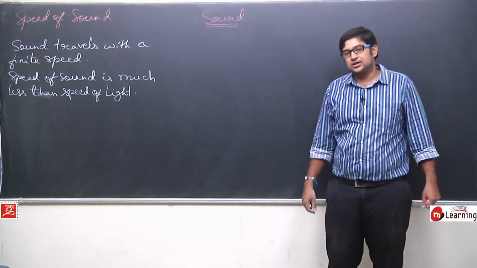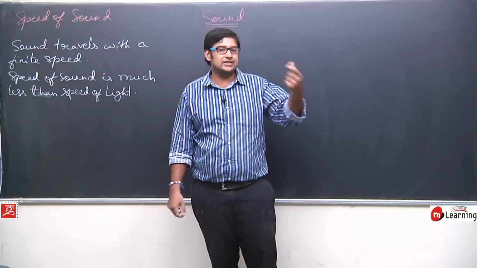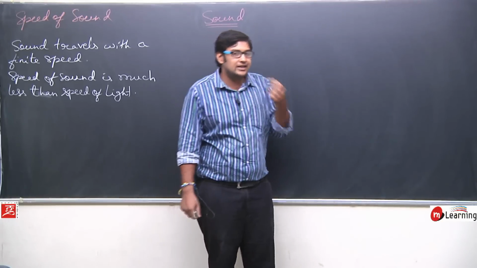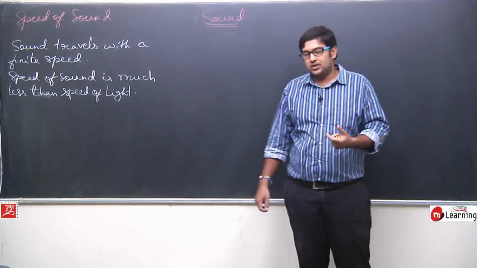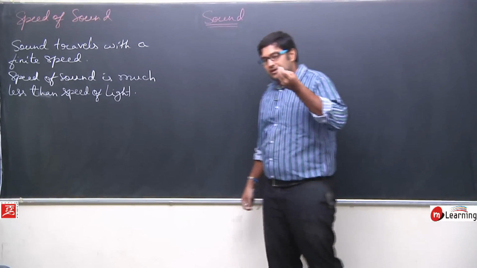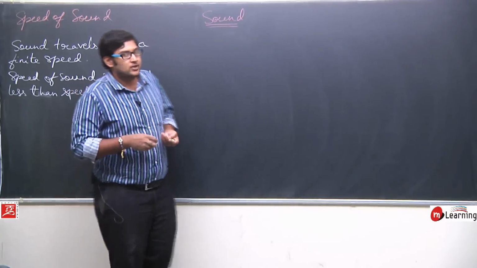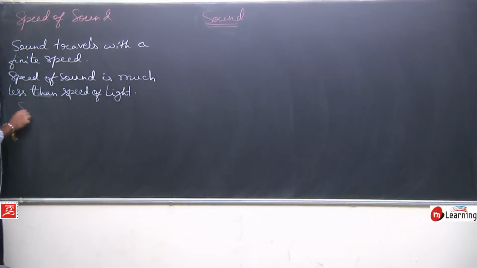Why? Because light travels at a very great speed. The speed of light is very, very large, but sound travels at a very small speed compared to the speed of light.